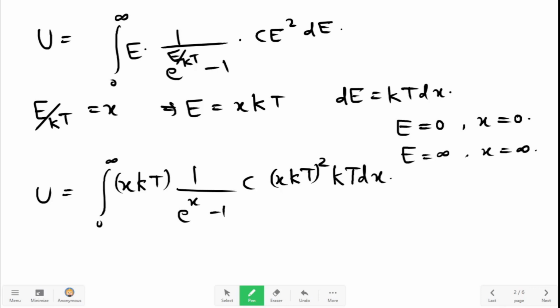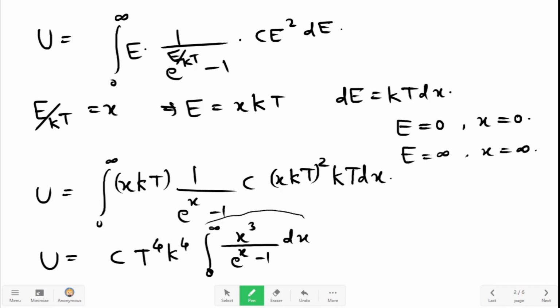Therefore we have U is equal to C T raised to 4 k raised to 4 times the integral from 0 to infinity of X cube divided by e raised to X minus 1 dx.